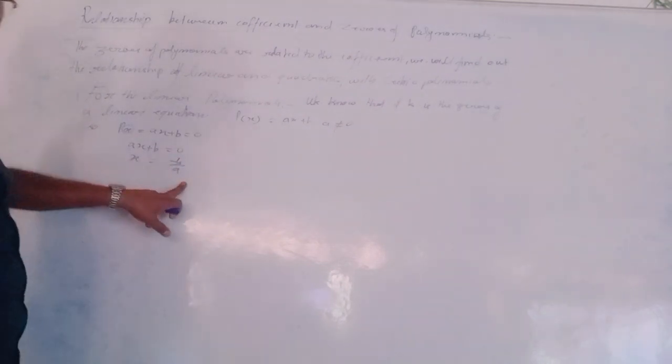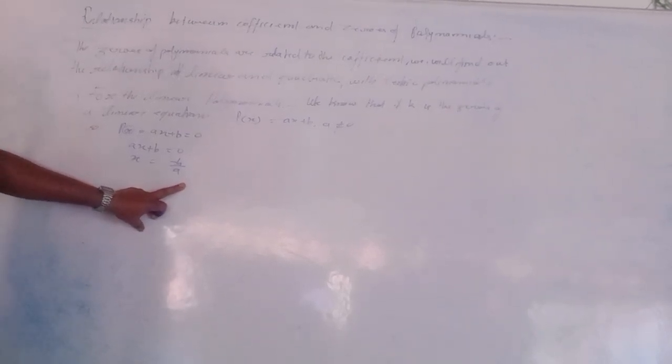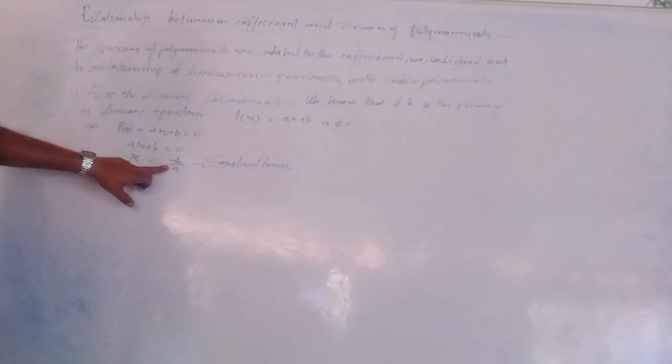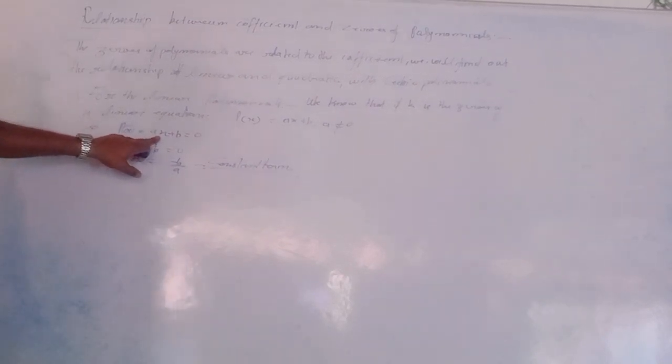So x is equal to minus the constant term upon the coefficient of x, where b is the constant term and a is the coefficient of x. Got it? So first we have got here the coefficient of x.